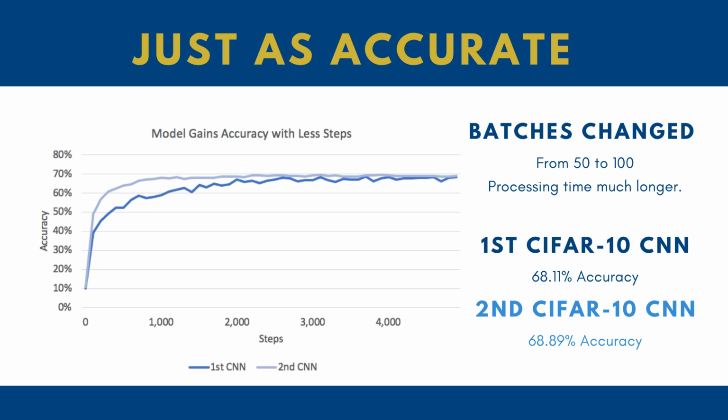Per the professor's instructions, the batches we were using were a size of 50. That is to say to the model, you must take data in batches of 50 images and use that to do your feature learning.